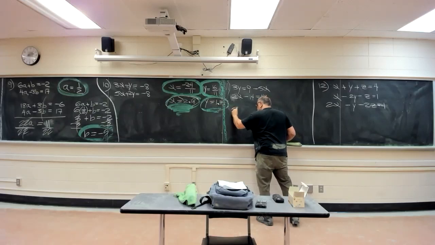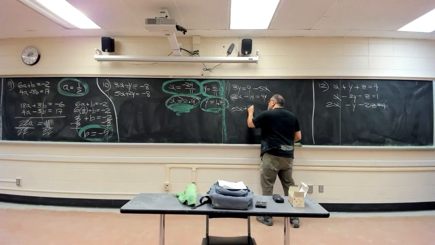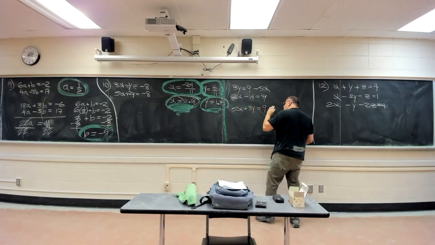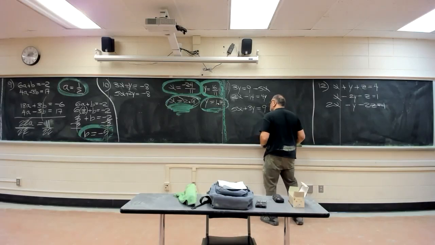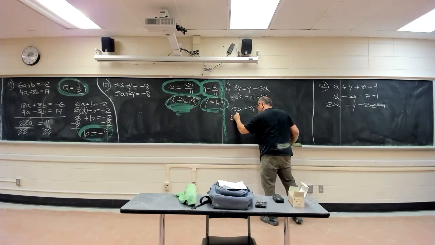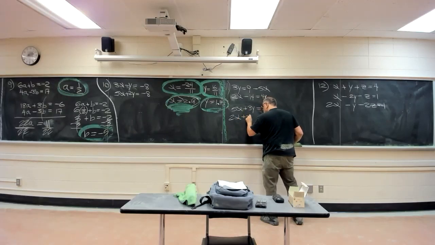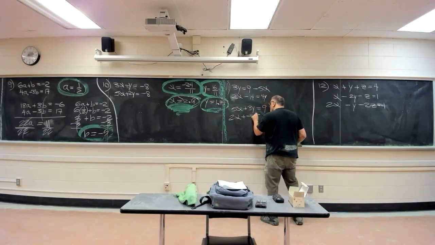Add 5x on each side. That's the right form. Add a negative 4y on each side. Add a positive 14 on each side.